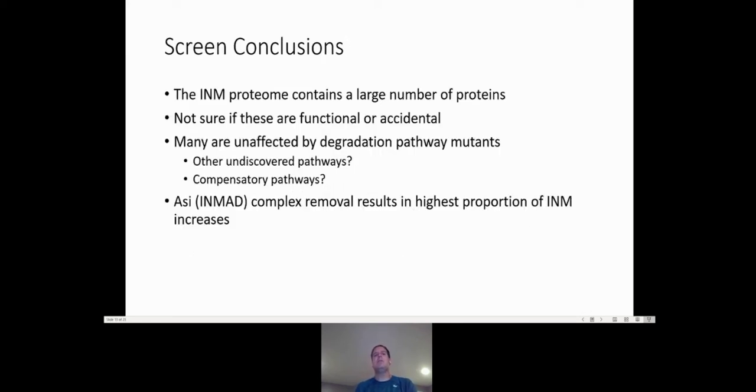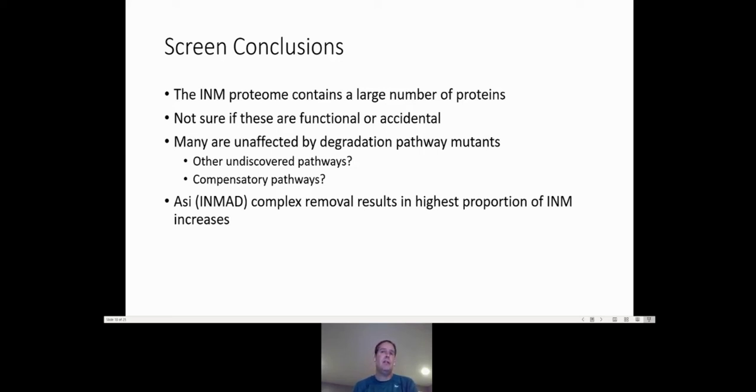So a couple of broad conclusions we can draw from that. The internuclear membrane proteome contains a large number of proteins. We are still not sure whether these are functional or accidental components, but these are fully formed proteins. So it's likely that even if there's accidental diffusion of these proteins into the internuclear membrane, they may be functioning in a non-canonical fashion once they're there.